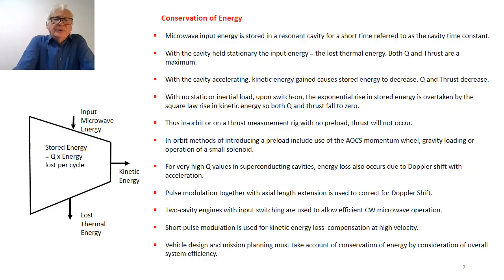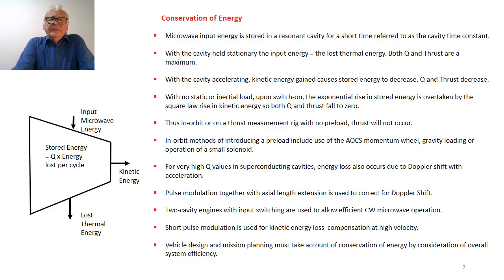In practice, what is needed is a two-cavity engine, and we switch power input between the two cavities, which enables the power amplifier itself to operate in what's called CW, continuous wave operation, which is the most efficient way of running the system. It also enables the cavity axial extension to be reset during the time that the other cavity is being powered.